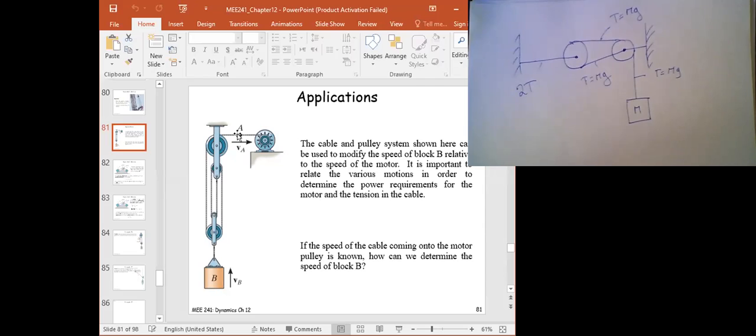If I'm pulling by a tension T here, by how much am I lifting this object? T/4? Well, if this guy is T, what is the tension in this part of it?